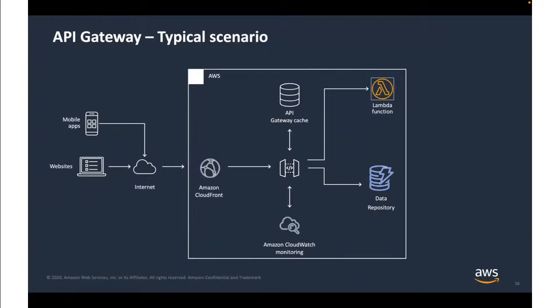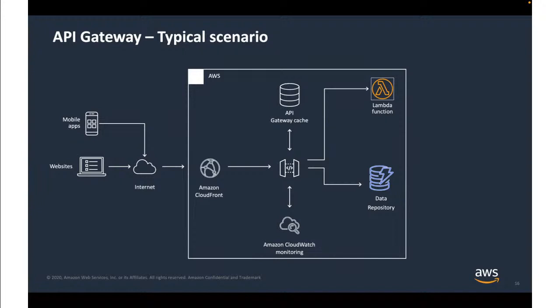It also has an inbuilt integration with CloudWatch monitoring, which essentially allows you to monitor each and every API call for further analysis. So you can look for any suspicious trends or if there are any dashboards you want to create on how your API adoption is happening, CloudWatch monitoring can help you with that.